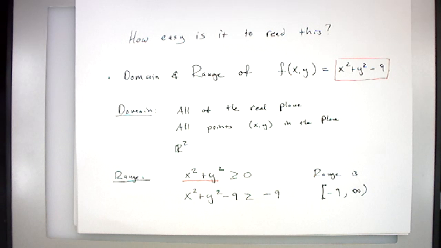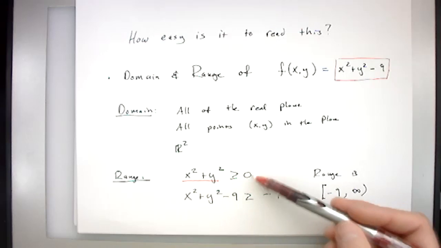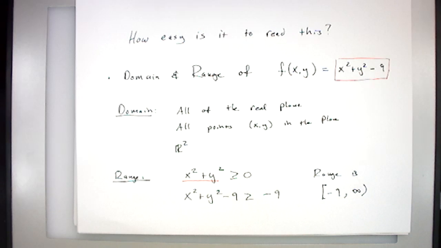And then I was trying to get from that to the x squared plus y squared minus 9. So I subtracted 9 from both sides of the inequality to get x squared plus y squared minus 9 is bigger than or equal to 0 minus 9. And a lot of the times, these are going to revolve around us knowing that x squared plus y squared is greater than or equal to 0.